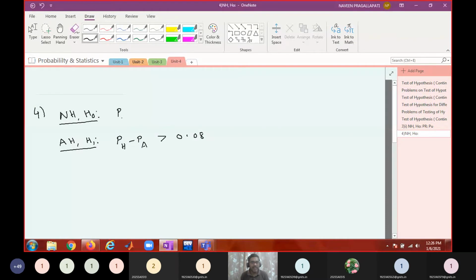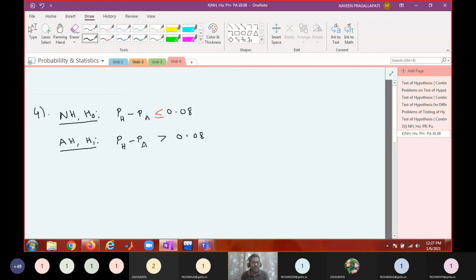So we will write like this: PH minus PA equals 0.08. Actually, equal to means less than or equal to. Do you understand? Yes. Okay. So I will put this to avoid confusion.